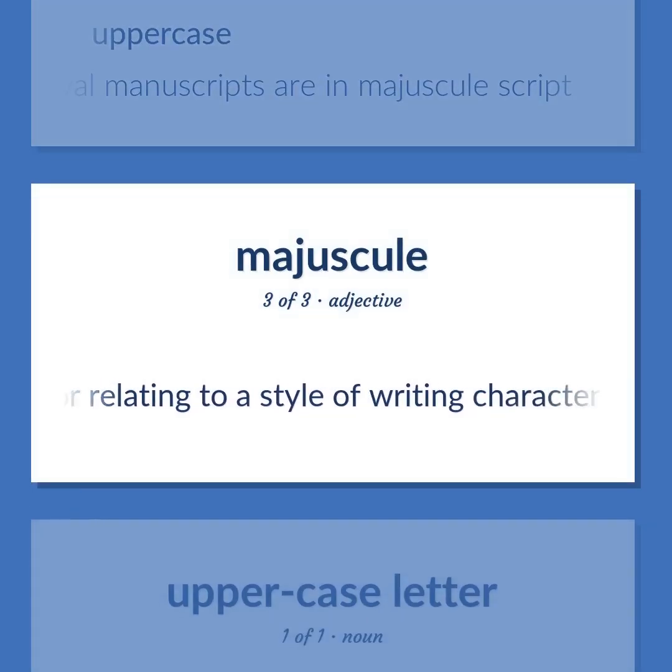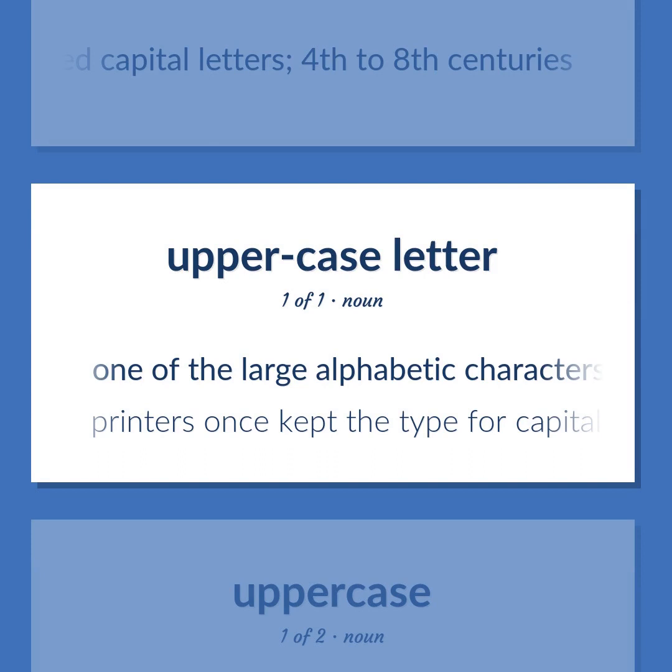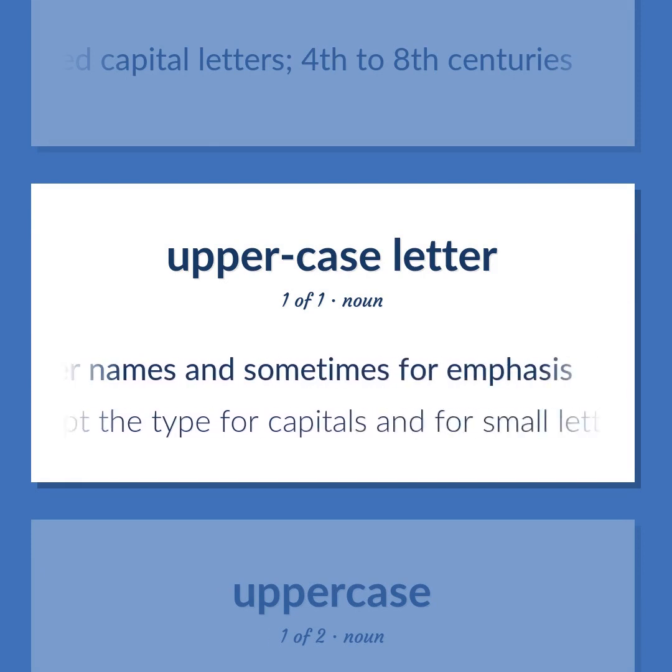Of or relating to a style of writing characterized by somewhat rounded capital letters, 4th to 8th centuries. Printers once kept the type for capitals and for small letters in separate cases. Capitals were kept in the upper half of the typecase and so became known as uppercase letters.